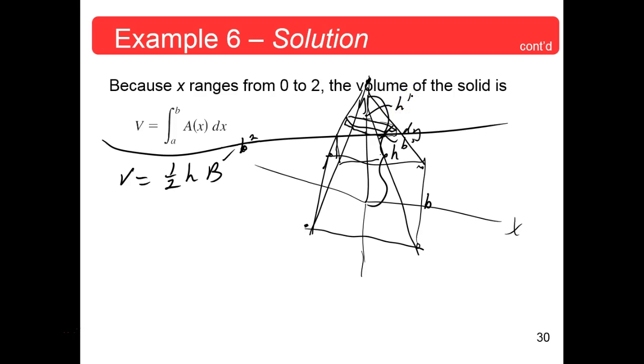And those ratios are always the same. But they don't call it h prime. They actually say what it is. You need everything in terms of y because we're using dy's.